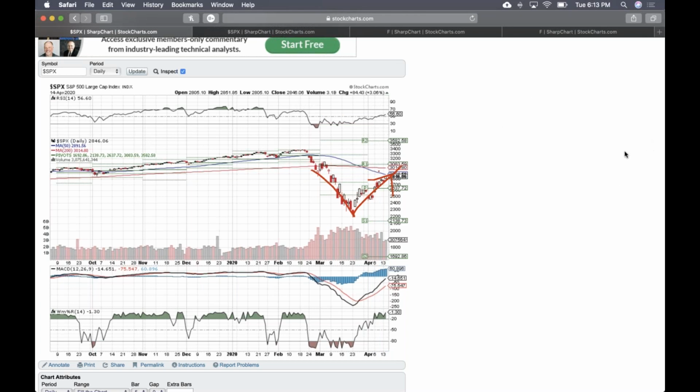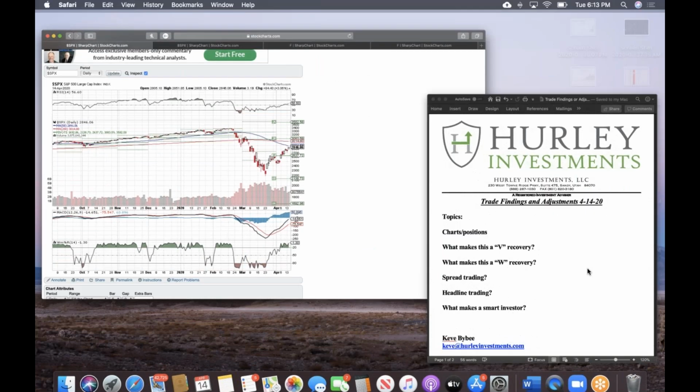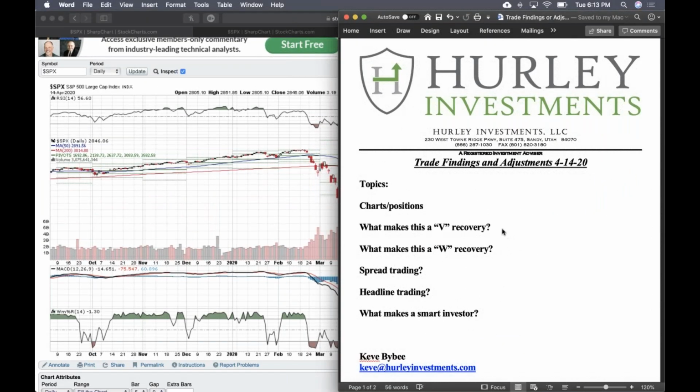So for the first question of the night, what do you guys think will make a V-shaped recovery, or at least continue on with what looks like now a V-shaped recovery? What has to happen?